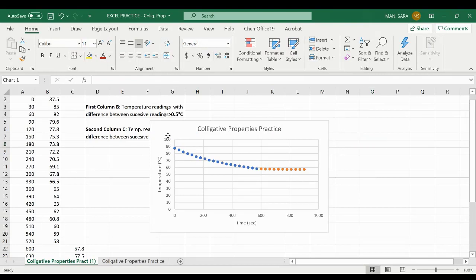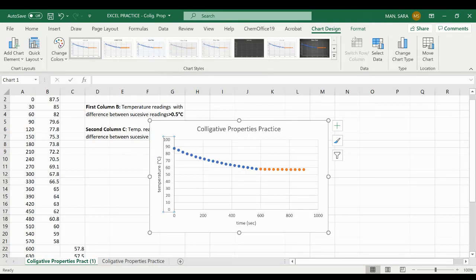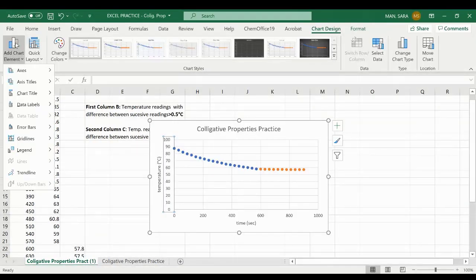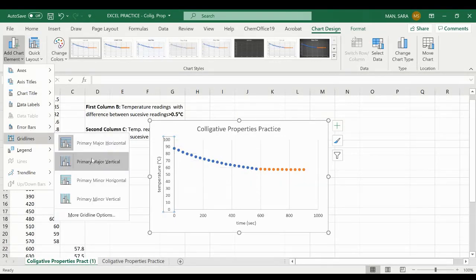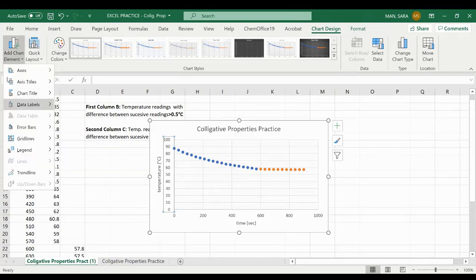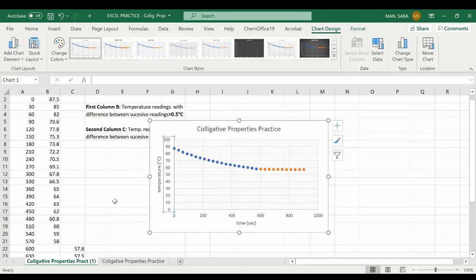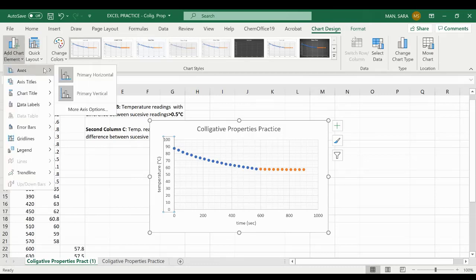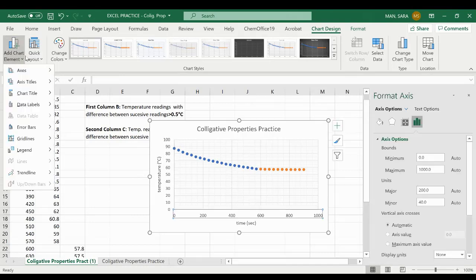Okay, and then maybe I want to change the scale. There are so many ways that you can do it. You can do grid lines. You can do primary minor grid lines. But the point is just to make a decent chart, and then the axis. Okay.